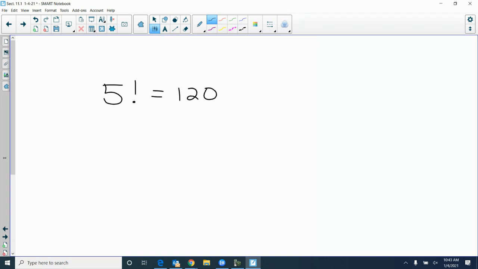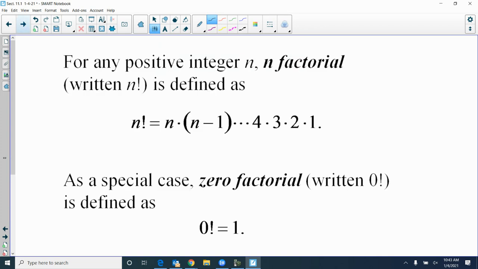Okay. All right. Now flip it over on the back. This is called factorial. For any positive integer, only positive integers, can't do negatives. N factorial, written with the number and the little exclamation point, it's a happy guy. Here's what it's defined as.